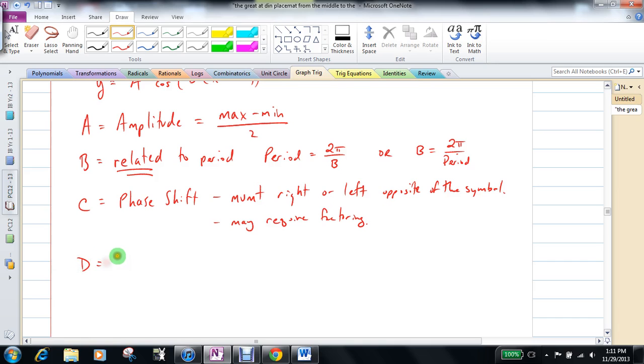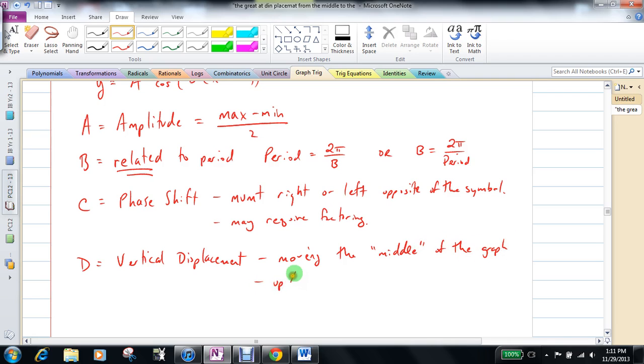And the D we considered the vertical displacement. The vertical displacement is moving what we have been calling the middle of the graph.